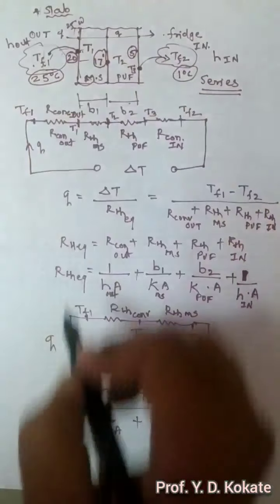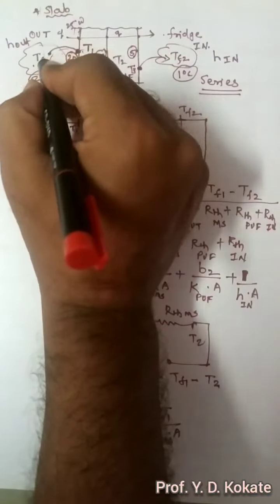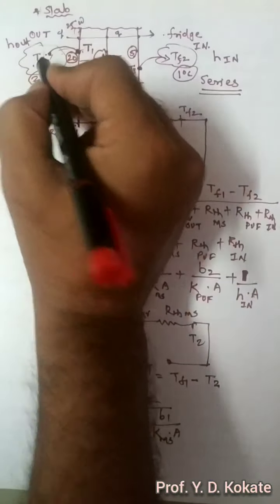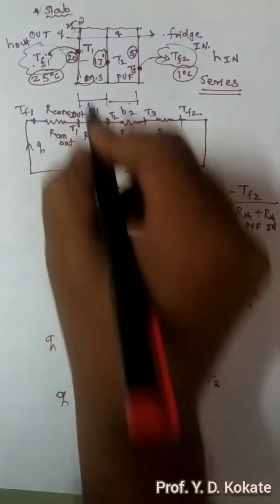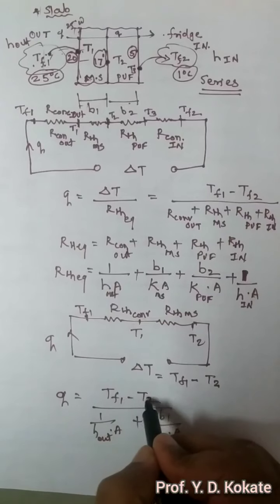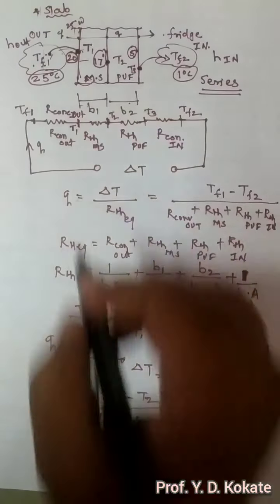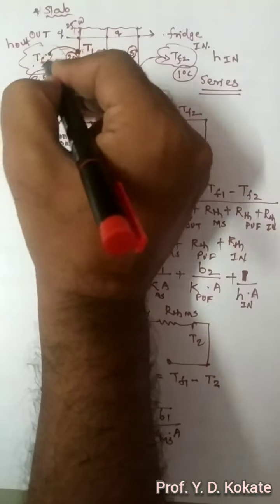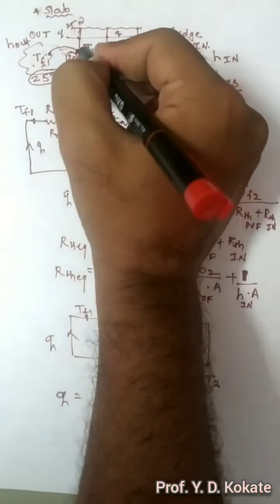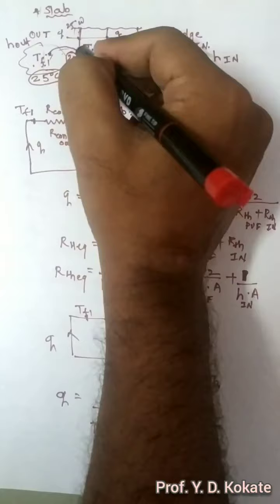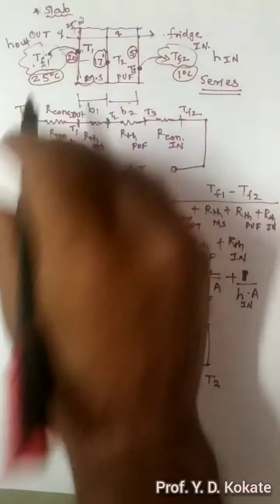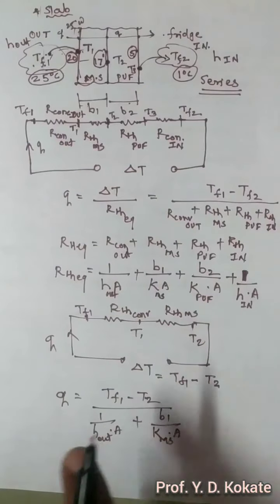How? Once you know the Q, then put down that Q and take only this much resistance, only one resistance: TF1 minus T1 divided by 1 upon H out into A. Okay, so in that the unknown term is the TF1. T1 is known to you, and Q we already found, so likewise you can find the value of TF1.